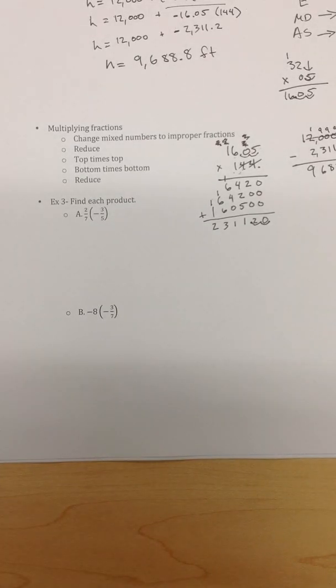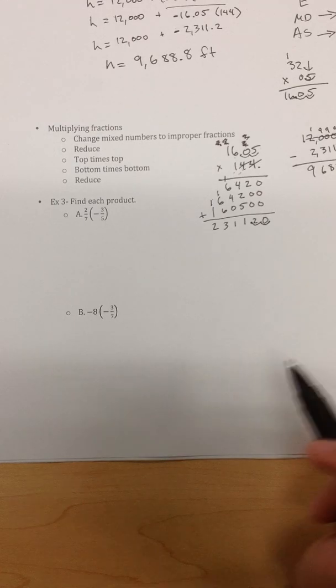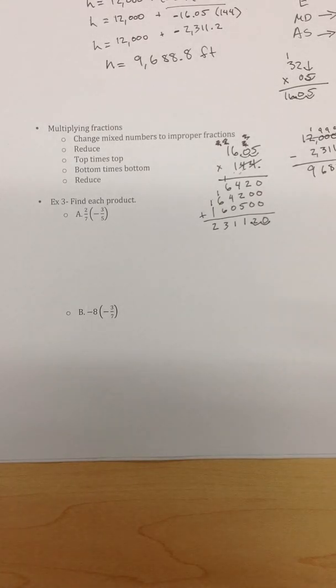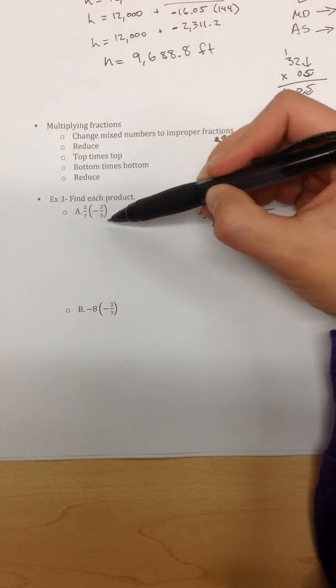Okay, so looking at the first one here, we've got 2/7 times a negative 3/5. We don't have any mixed numbers here, where we've got a whole number and a fraction, or just a whole number by itself, so we don't have to worry about that. Next thing we check is to see if we can reduce. When we reduce, we're looking crossways here.